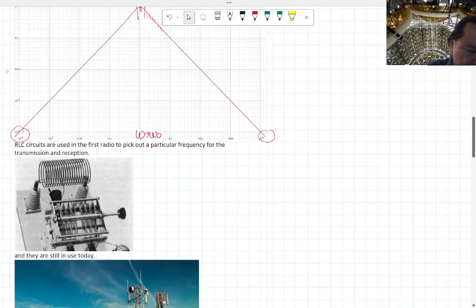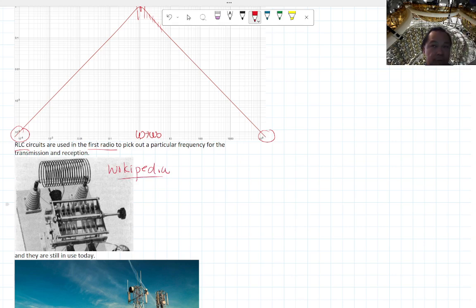In fact, this is the RLC circuit that was used to send and receive the first radio transmissions in the 1800s. If you look on Wikipedia, you'll see this circuit. It's about the size of a little table, not that small compared to what we do. You can actually see the RLC components. This is the inductor, because it's just a large coil.